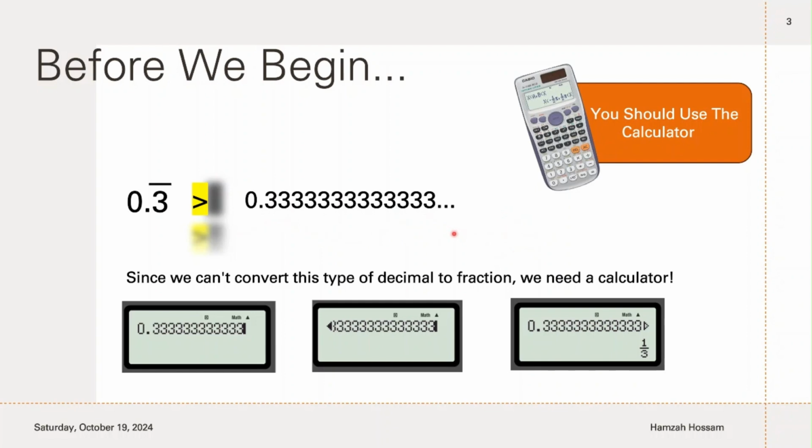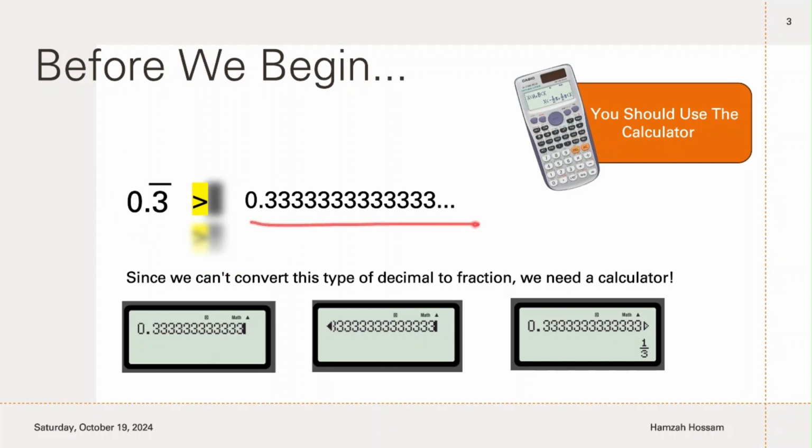So be careful. That's why scientists invented this line. It's a shortcut. It shortens all of that into just a simple digit. So thank you, scientists.